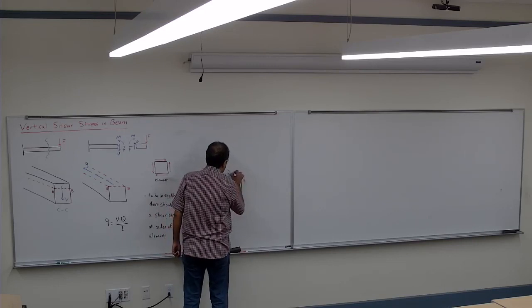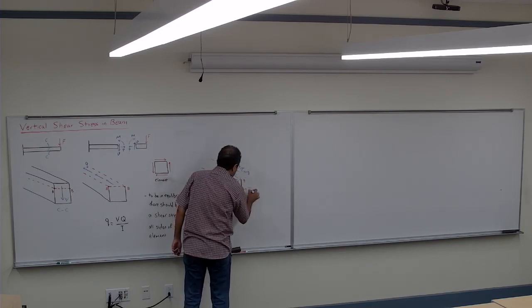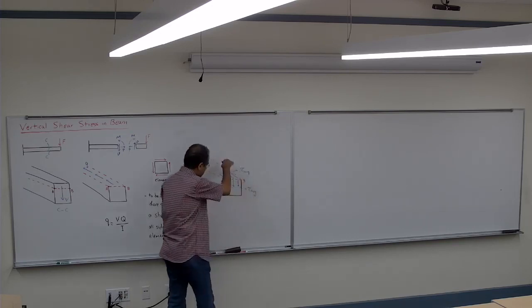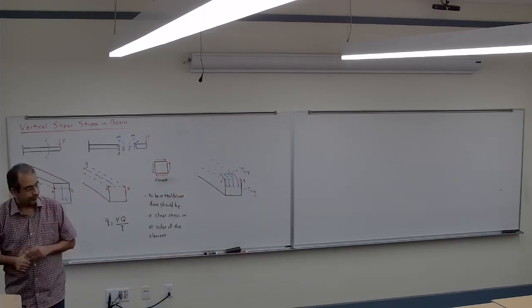If this value is the tau average, this value is going to be also tau average. So whatever it is up there, it should be down there as well.